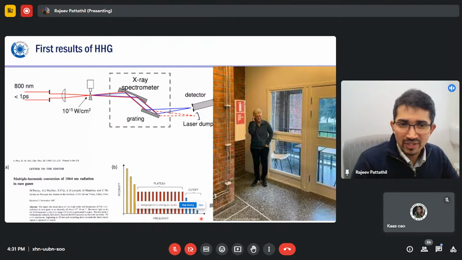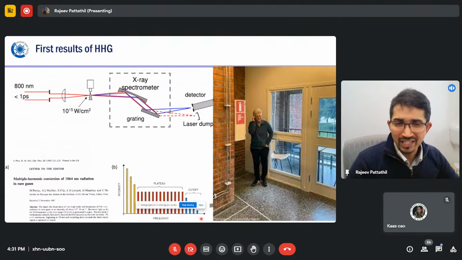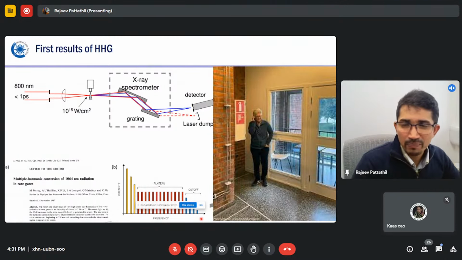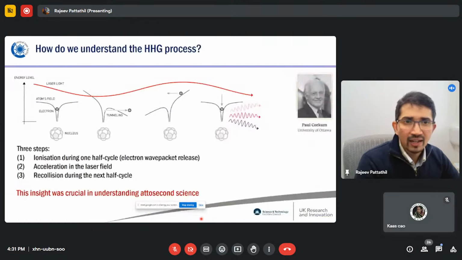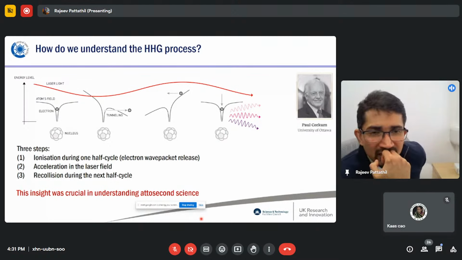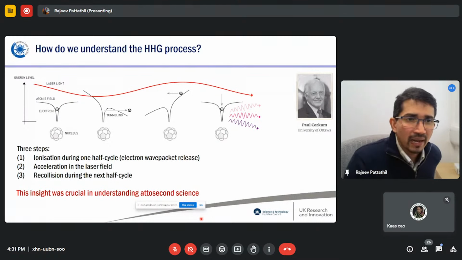Although it produces a high harmonic spectrum with enough bandwidth and everything, people didn't understand how this was produced until Paul Corkum came along with a very simple model to actually explain this.